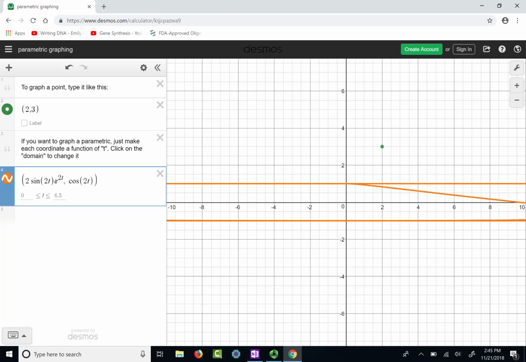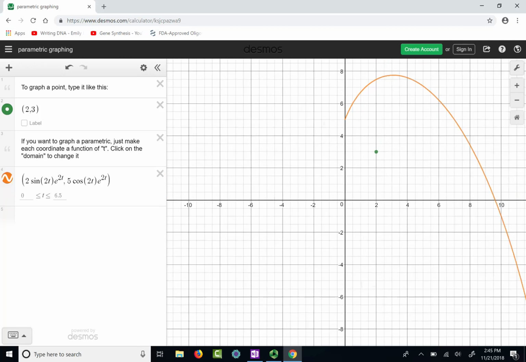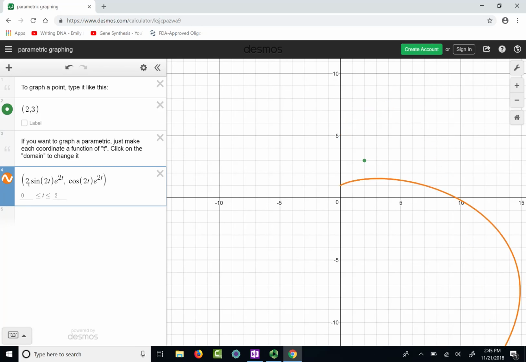So what you really get is spirals. Here you cannot see it very clearly, but what you get is really spirals. So let me show you.